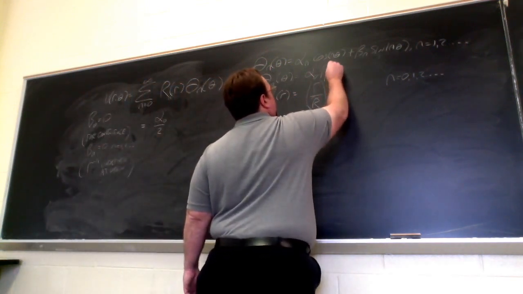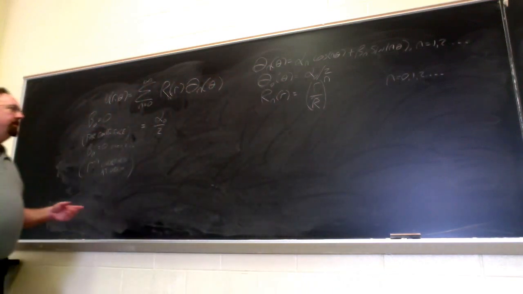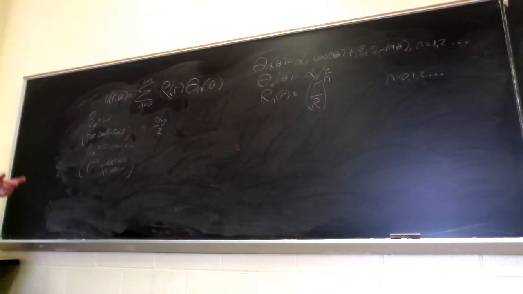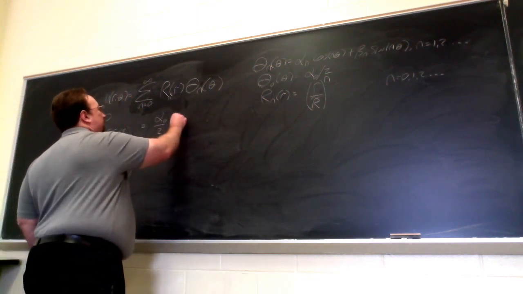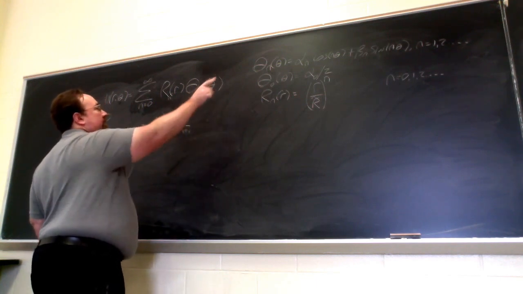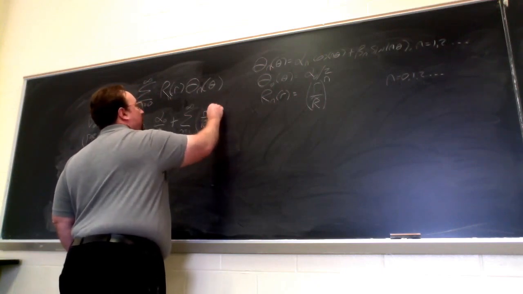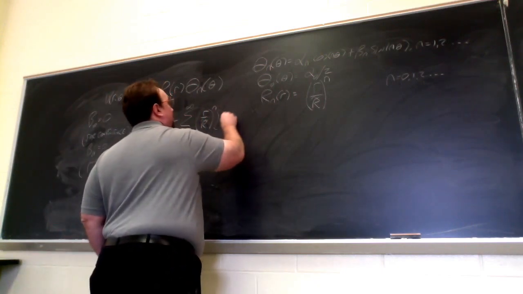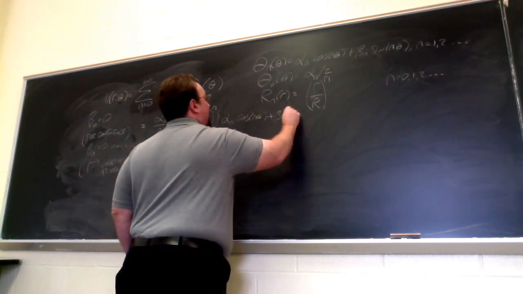The factor of 2 is not necessary, it's a convenience, and it does come up in other problems, but I'll explain the convenience when I get to that point. Then n equals 1 to infinity, I have little r over big R tilde to the nth power times alpha n cosine n theta plus beta n sine n theta.